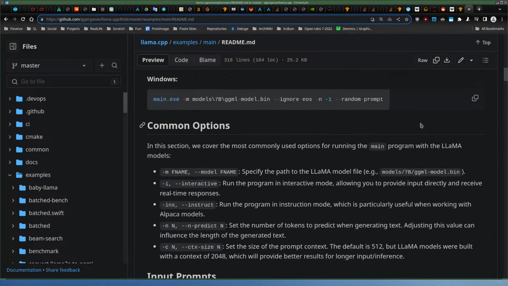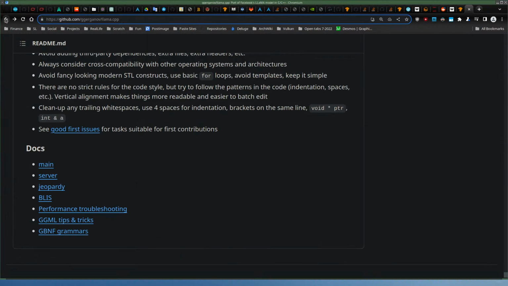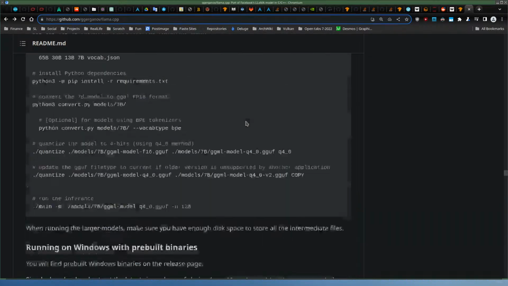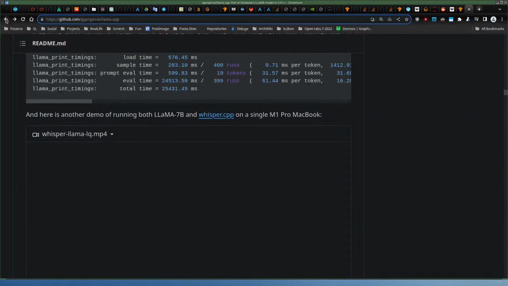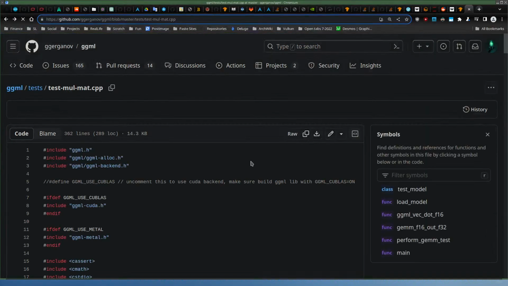What is this about? Oh yeah, that's... we came from here, I think. It was still llama. The GGML.